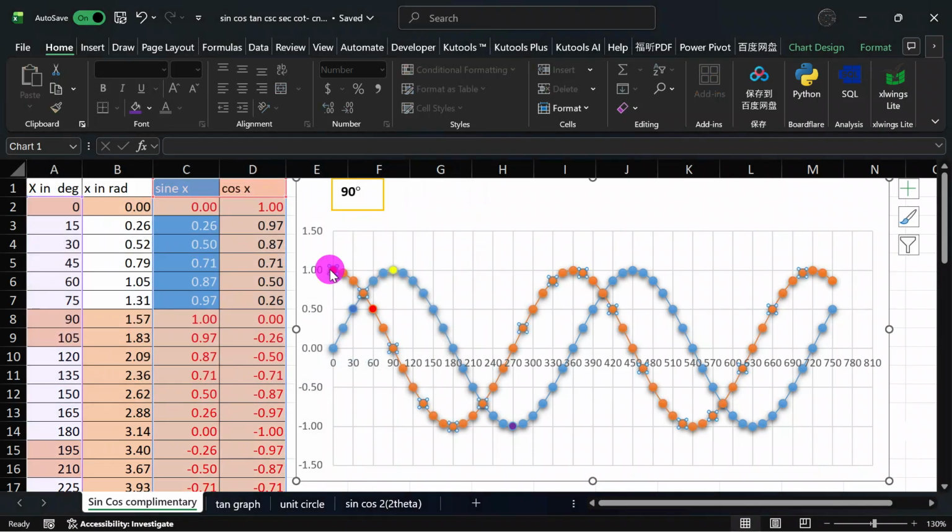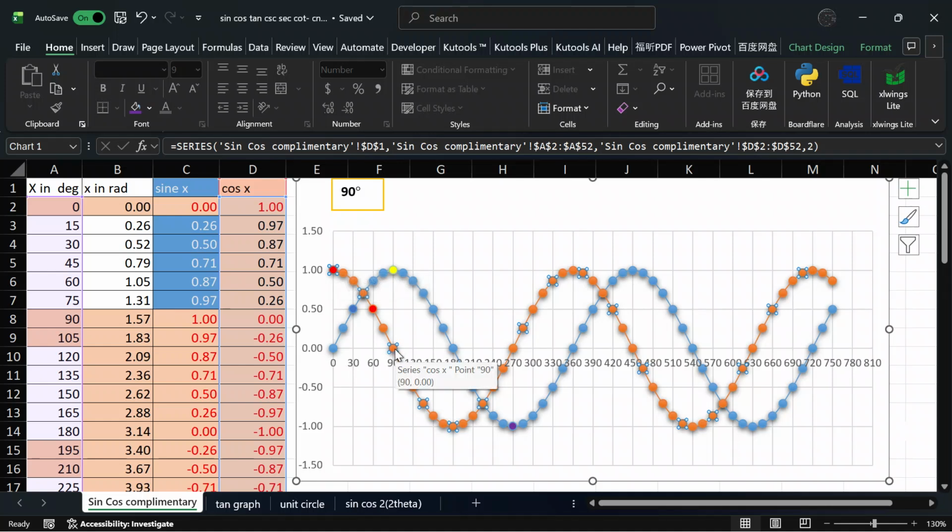You can see the cosine is actually starting from 1, not starting from 0, and it has a 90 degree gap. That's the difference. Here you already have 0 and here it has 1.